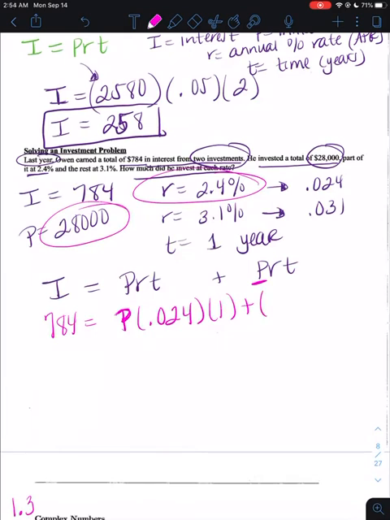So when I get to the second account, I have to take the $28,000 and subtract whatever I put in the first account. I put P amount, I don't know what that amount is, so it's 28,000 minus P. Times R, which is 0.031, and again the time is 1 for 1 year.